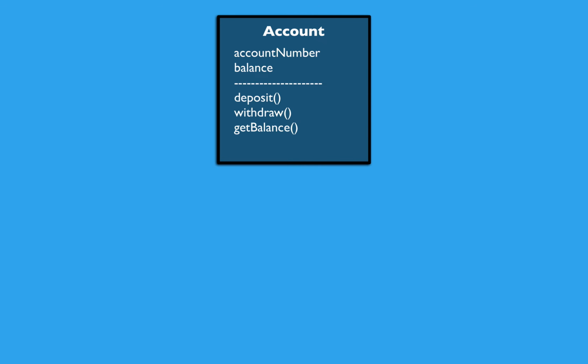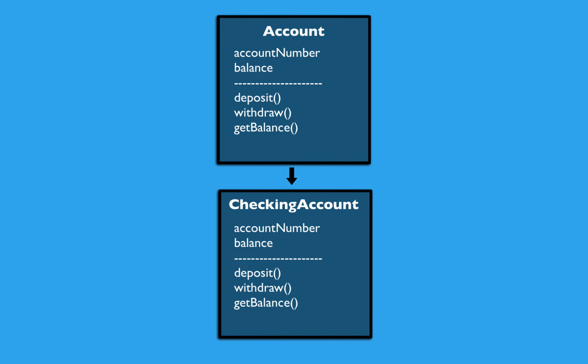We're going to take this account class and extend it with child classes which inherit its properties and methods. So here is our account class again, and we are going to extend it with a checking account. As you can see, the checking account inherits all the base properties and methods without us having to explicitly declare them when we actually create the class. But not only that, the checking account can then declare its own properties and methods.